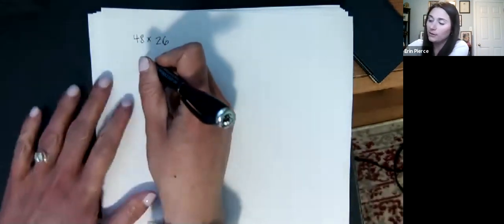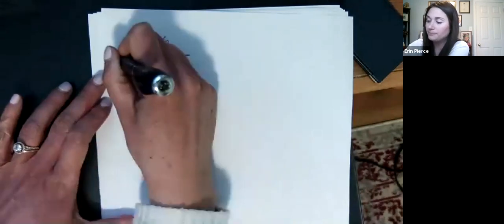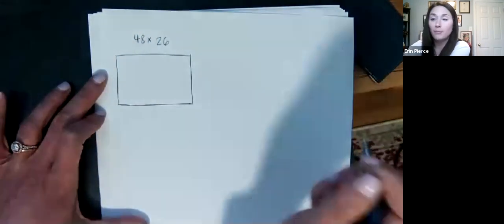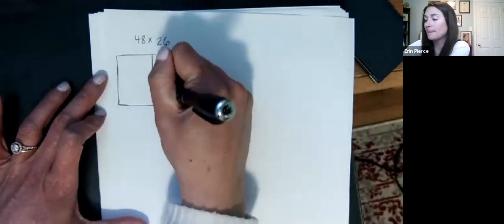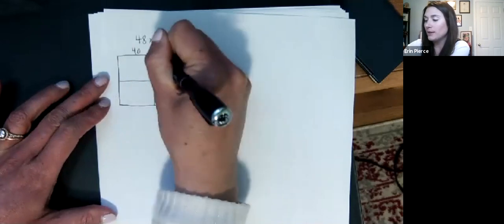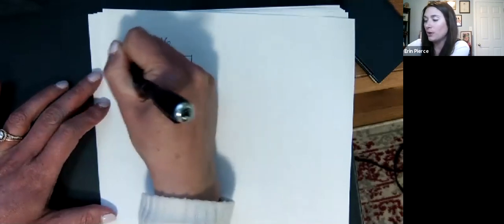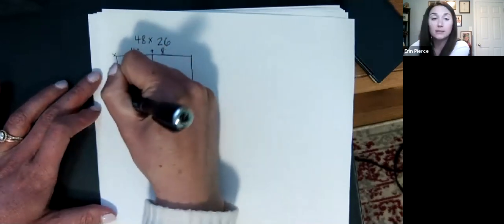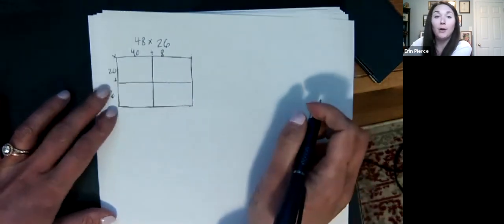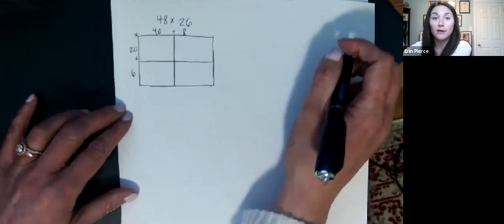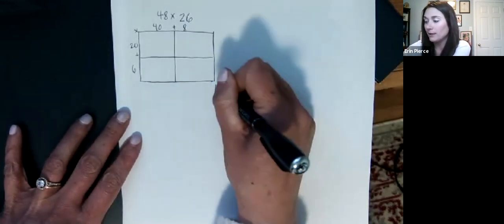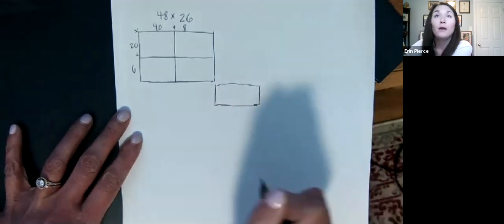And I'm just making this a little smaller than I have been, just so I can fit them both on one page. So really I have 40 plus 8 times 20 plus 6. And my answer would go down in this little box.